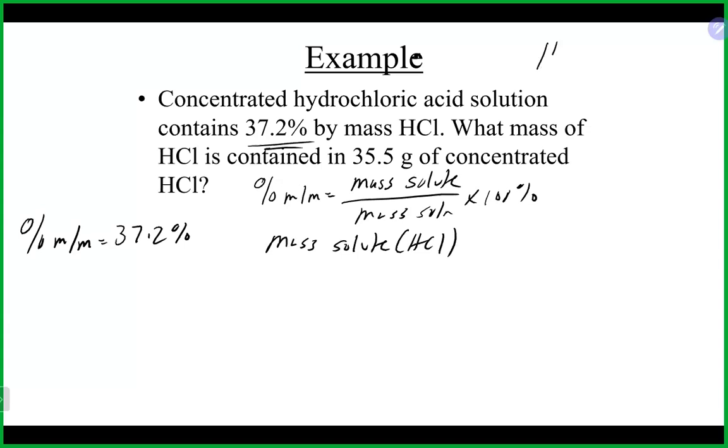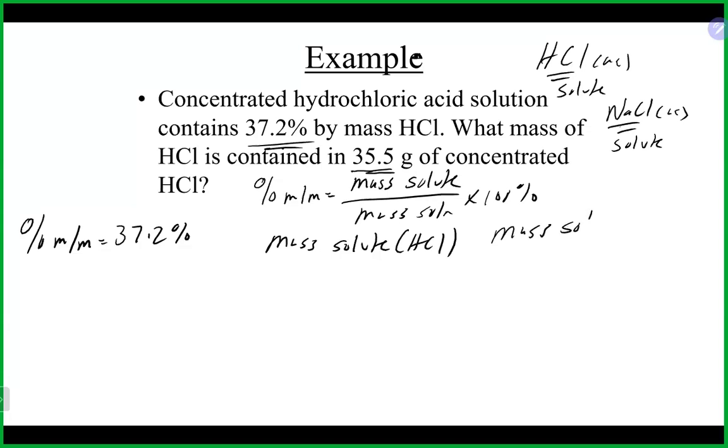Remember that if you have an HCl solution, HCl is the solute, just like if you had a sodium chloride solution, sodium chloride is the solute. So since we're looking for the HCl in this case, that would tell us we're actually looking for the solute. That would also tell us that the second number there is actually the mass of the solution in this case.